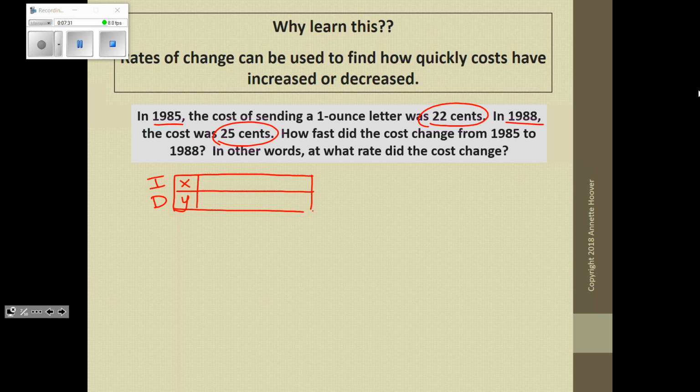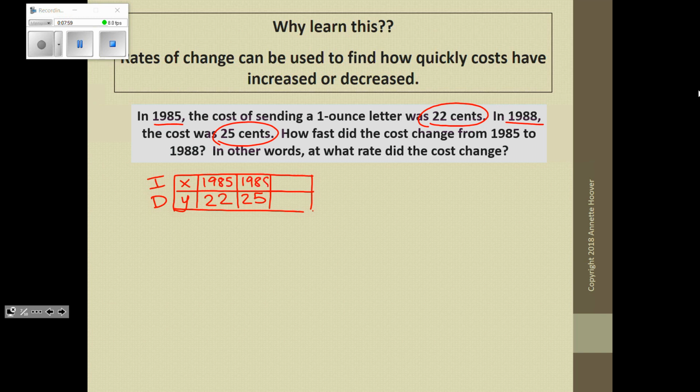So if we were to put this into a table, we think, is the cost dependent on the year, or is the year dependent on the cost? Well, the cost is dependent on the year. So that makes the cost the dependent variable, which goes in the y, 22 cents and 25 cents. And the independent would be the dates, which are 1985 and 1988.